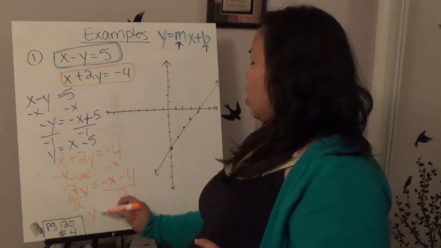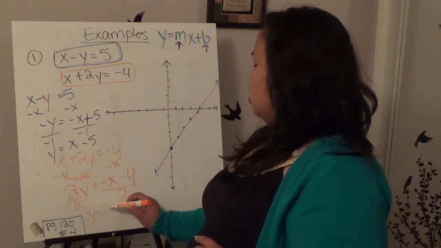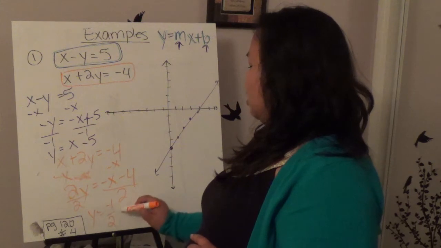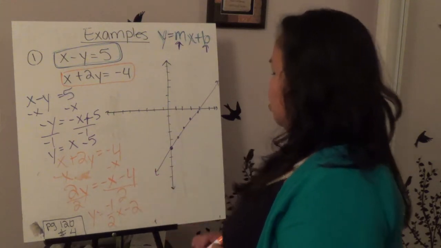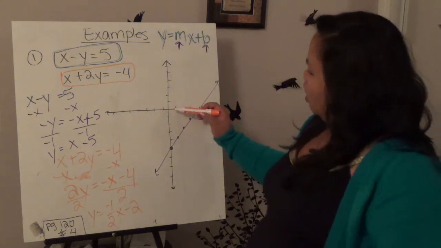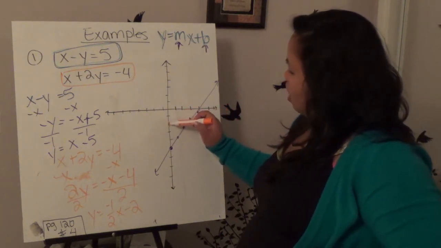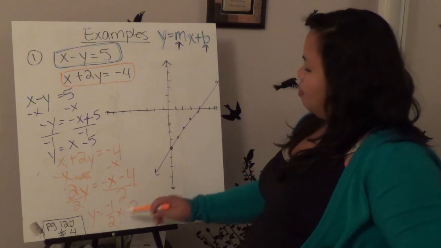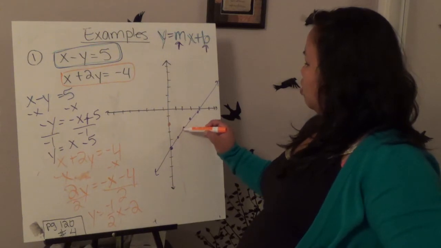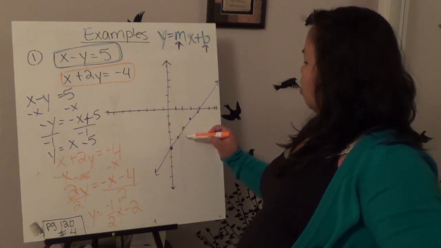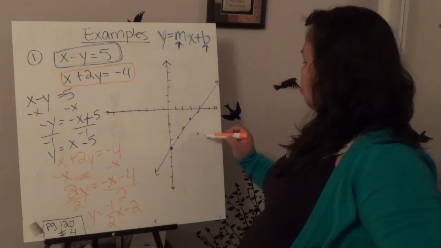So I end up with y equals negative 1 over 2x, and then negative 4 divided by 2 is negative 2. So I'm going to start at negative 2, and then this is a negative slope. I'm going to go negative 1 over 2. Okay, negative 1 over 2.